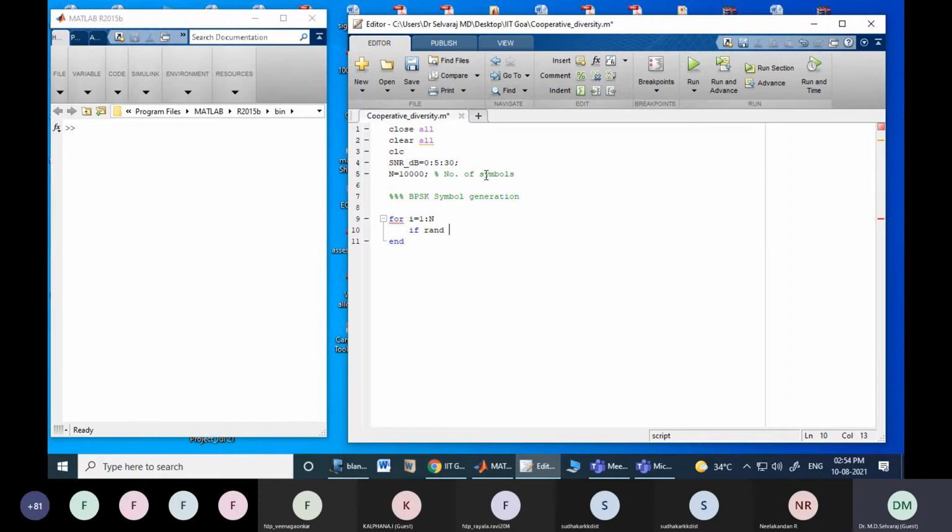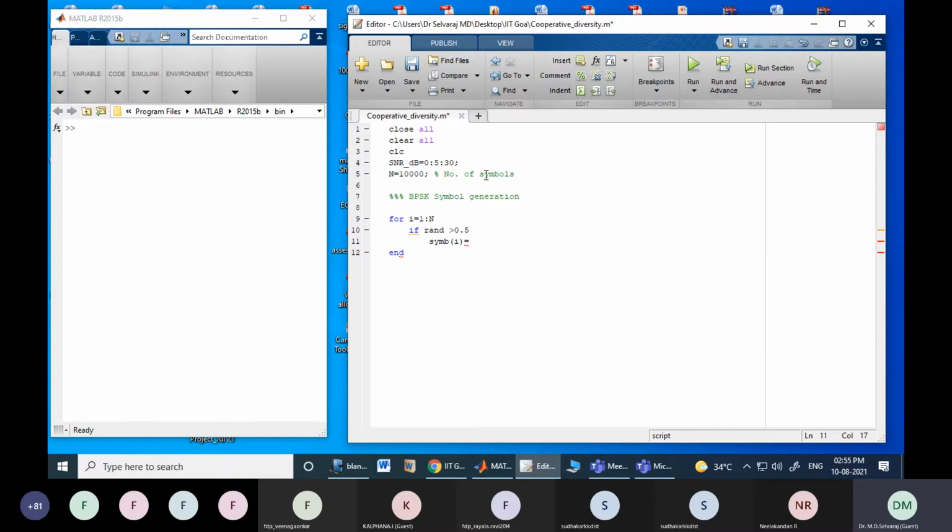Some decimal will be produced. So if it is greater than 0.5, then I consider it as plus. The symbols I was considering are plus square root of Es and minus square root of Es.